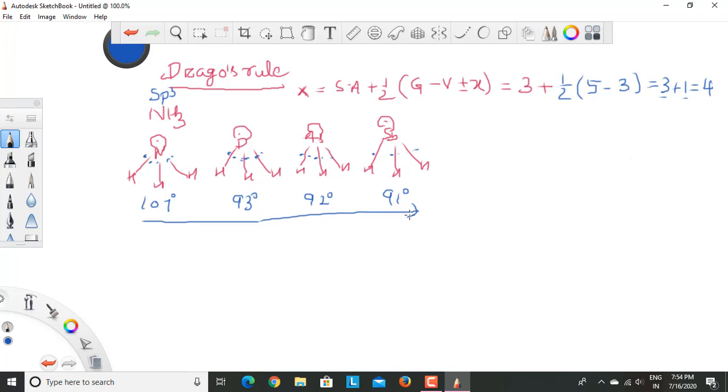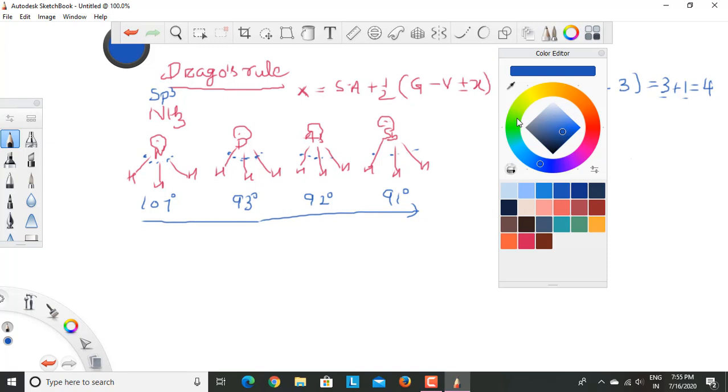But what is the problem? The problem lies here. If you go from NH3 to PH3, the bond angle decreases by how much? Around 14 degrees. But if you go from PH3 to AsH3, the bond angle decreases by only 1 degree.